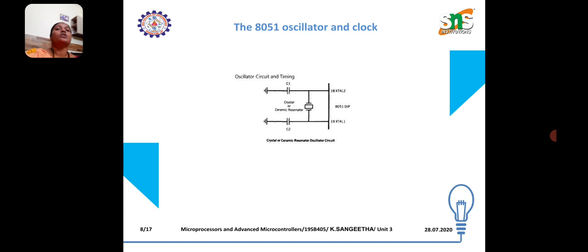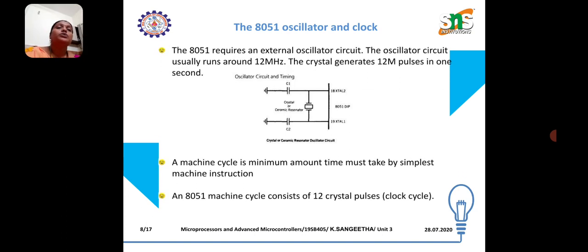So this is the oscillator circuit. Generally a crystal oscillator is used for computers. The crystal oscillator is connected, and a capacitor is also used to connect the crystal oscillator. The oscillator circuit usually runs around 12 megahertz. The crystal generates 12 million pulses in 1 second. The machine cycle is the minimum amount of time taken by the simplest machine instruction.